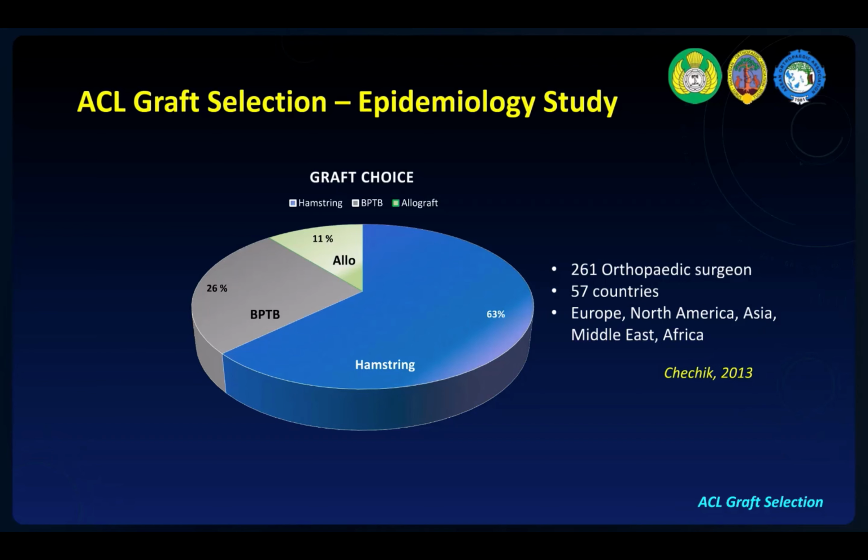A very interesting epidemiological study from CHER6 involving surgeons from many parts of the world shows that hamstring is the most popular graft used for ACL reconstruction today compared to BPTB and allograft.